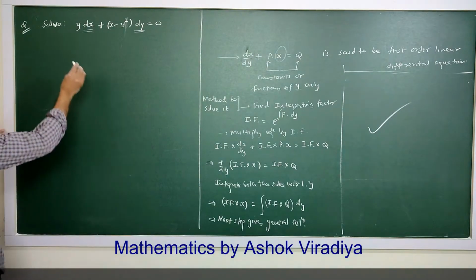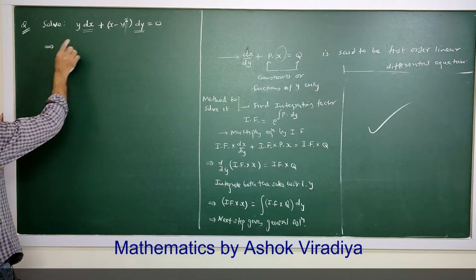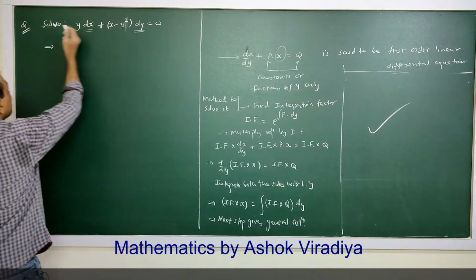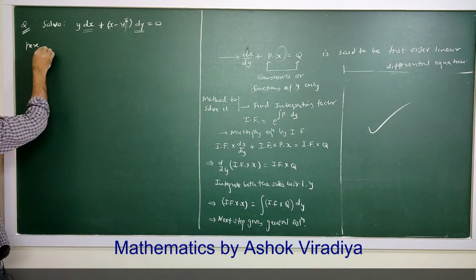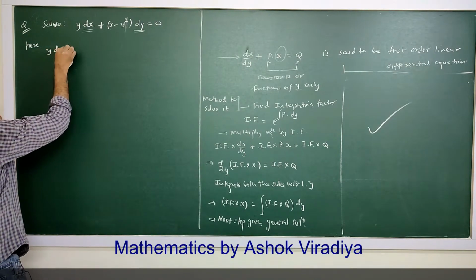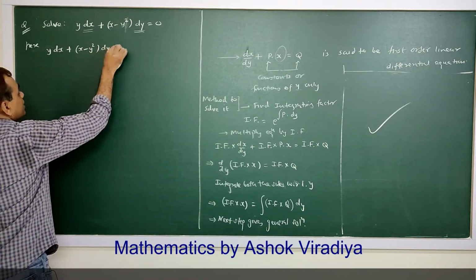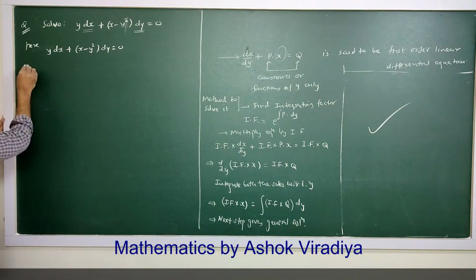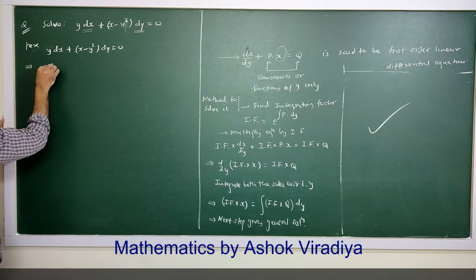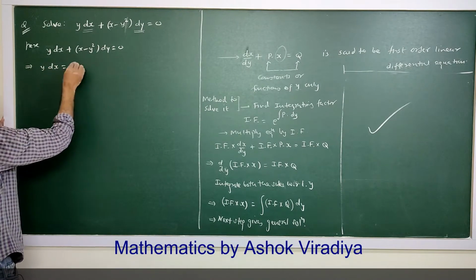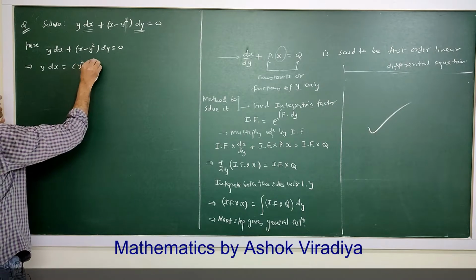So first of all, what I do here, I am shifting this term to the other side. So here y dx plus x minus y square dy equal to 0. So this means y dx equals, taking this term to that side, y square minus x dy.